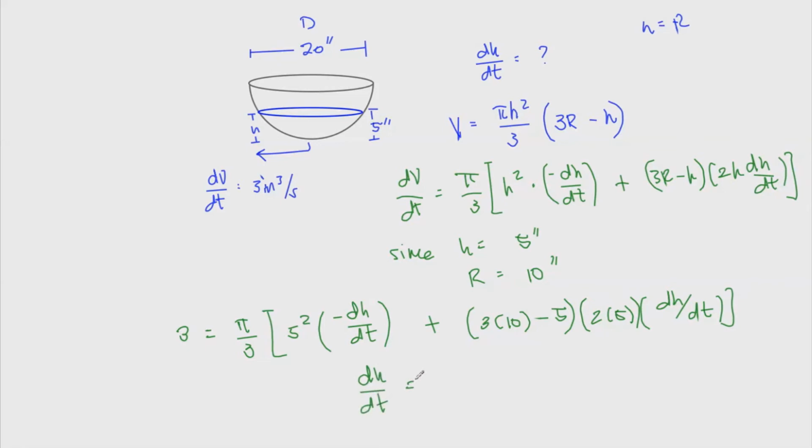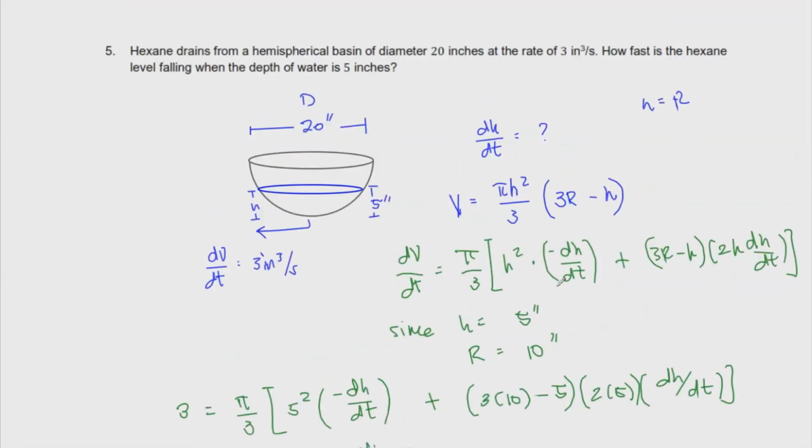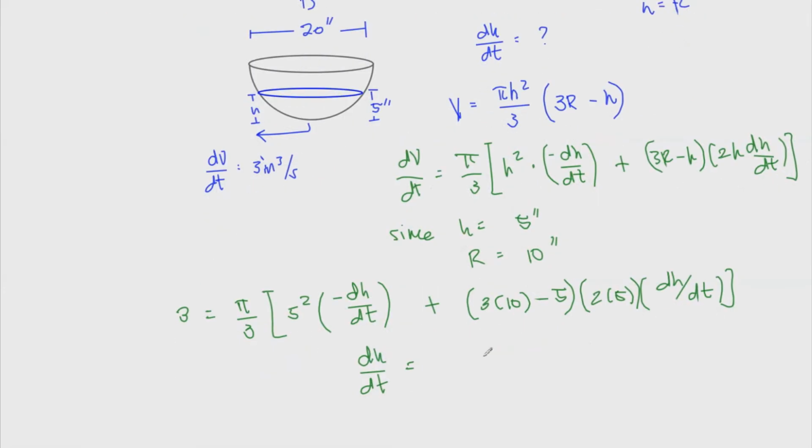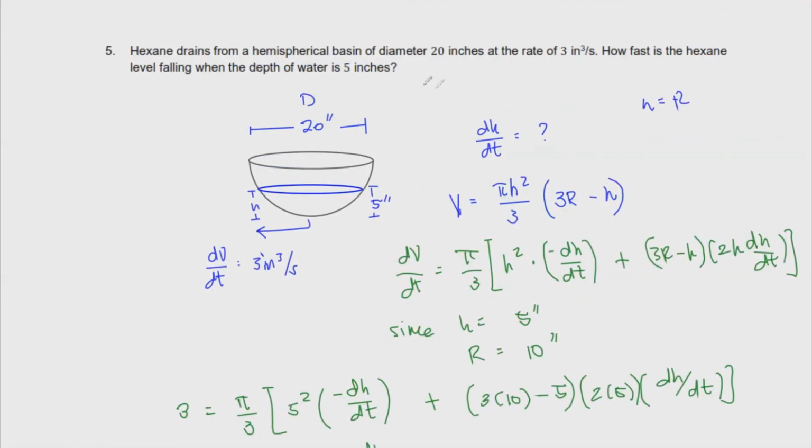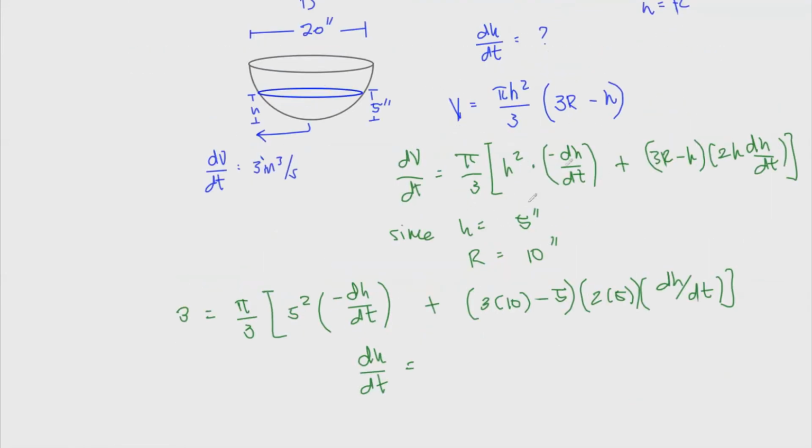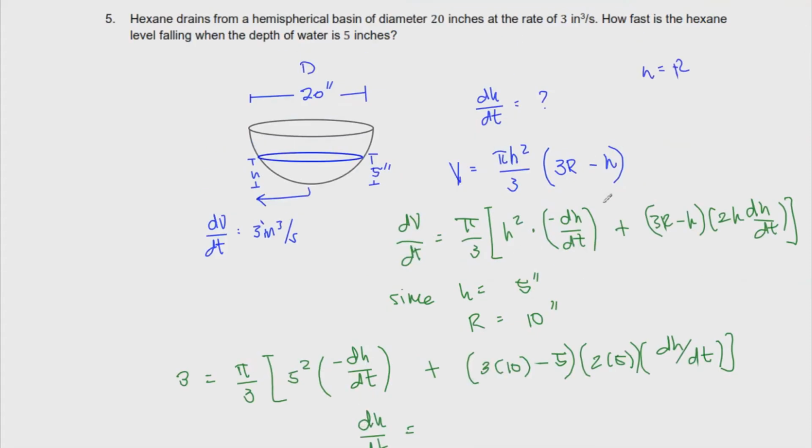I'll just be using shift solve to find this dh over dt right here. By the way, dh over dt is actually draining, or I mean it is decreasing. So when you get an answer that is positive, you could just write negative, and that will mean that it is decreasing. But when you represent dh over dt from the expression itself, you don't have to write negative, because we do that when we already have a value for our dh over dt.